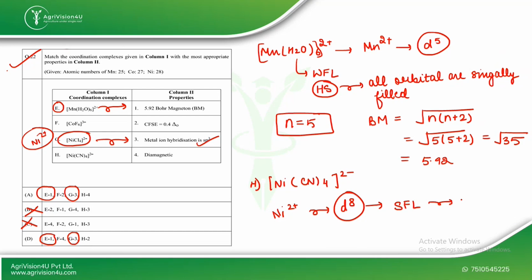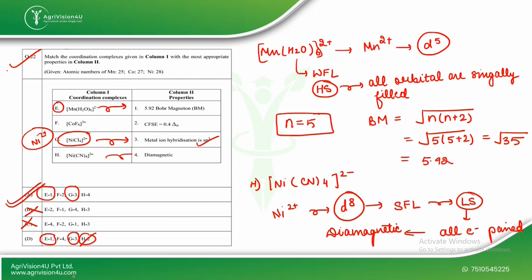Strong field ligand means that the ligands will be low spin. Low spin basically means that all the electrons will be paired. And if all the electrons are paired, this means that the species is diamagnetic in nature. So the answer for H will be 4. So this is 2, this will be eliminated. The correct answer will be A.